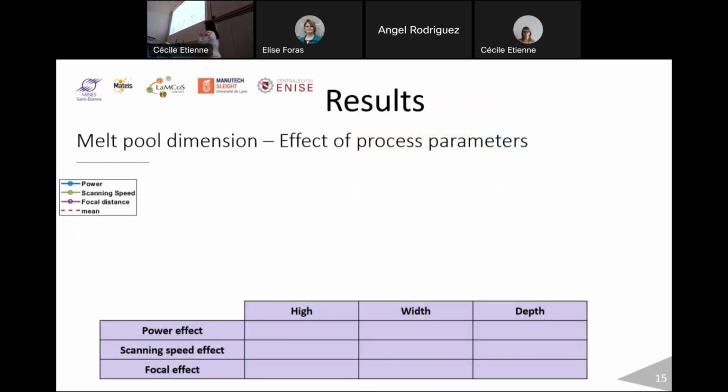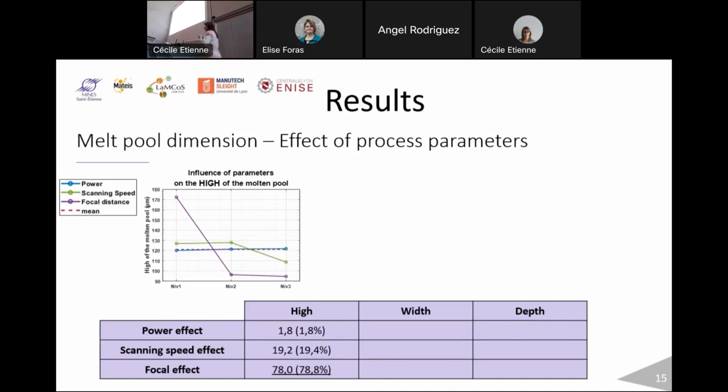And now I will try to understand the influence of the parameters on the height, width, and depth of the melt pool. Here is the influence of power, scanning speed, and focal distance on the height of the melting pool.